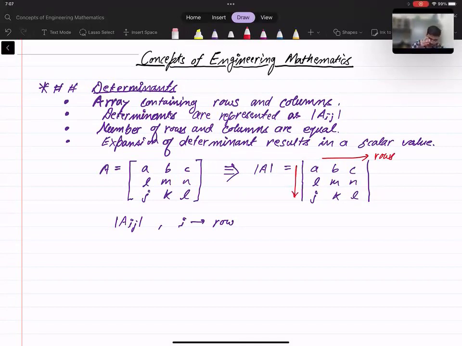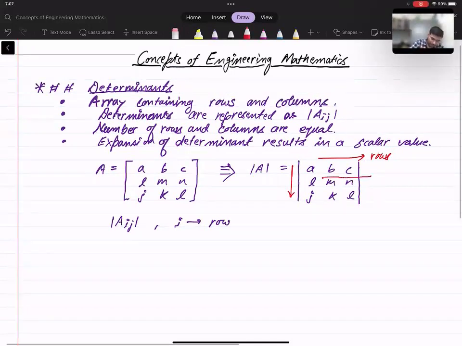These are rows, and these are the columns. So i represents the row and j represents the column.